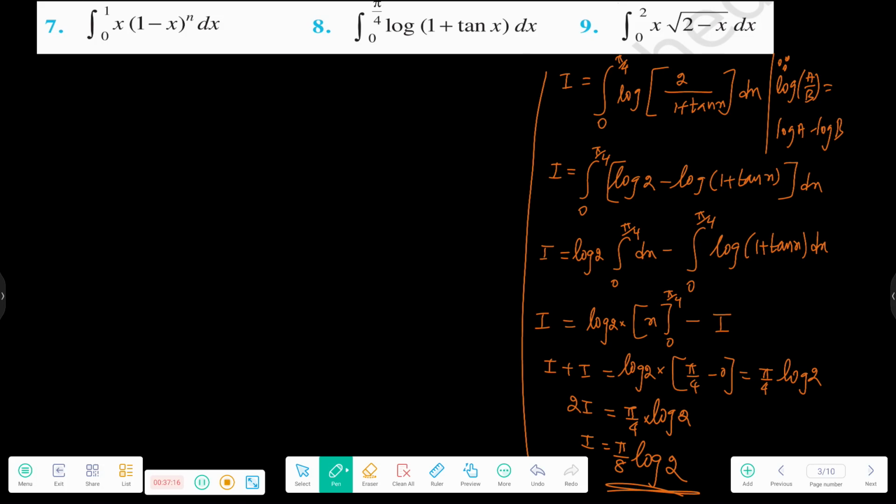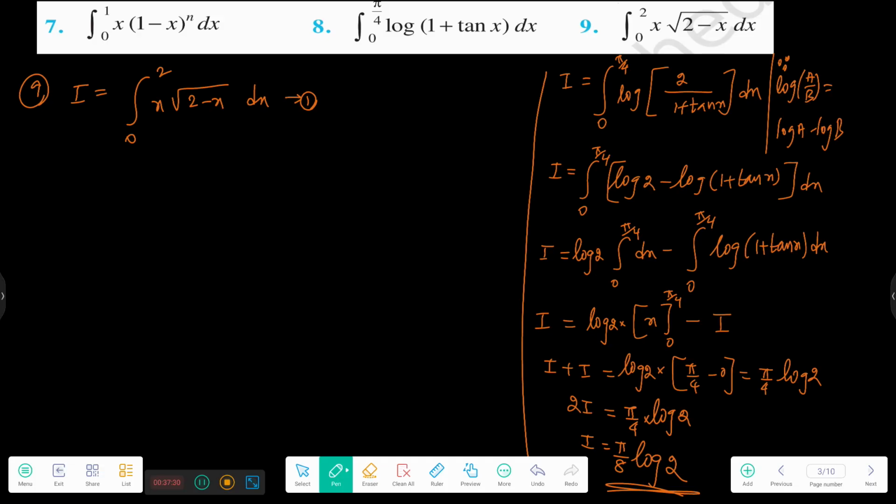Now, question number 9. Let's start. I is equal to integral 0 to 2 of x into square root of 2 minus x into dx. This is answer number 1. So 0 to 2, now we can apply the formula: integral 0 to a of f of x into dx equals integral 0 to a of f of a minus x into dx.